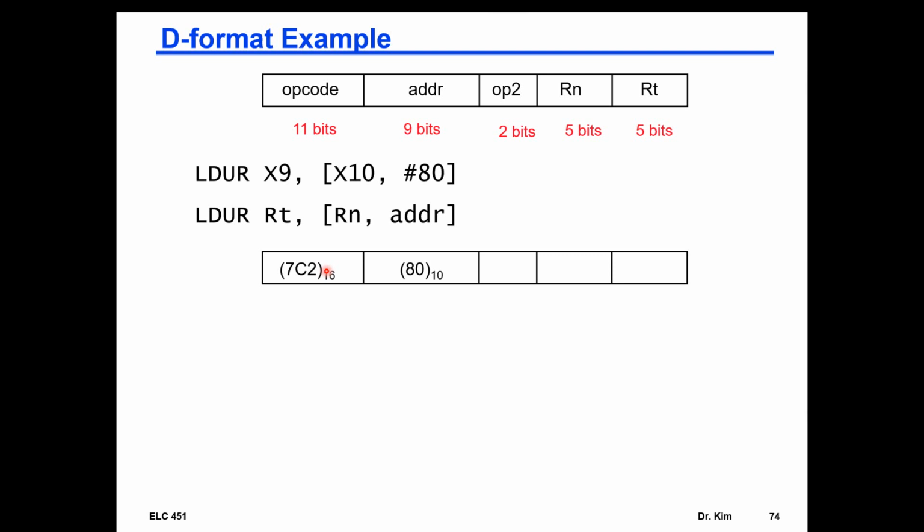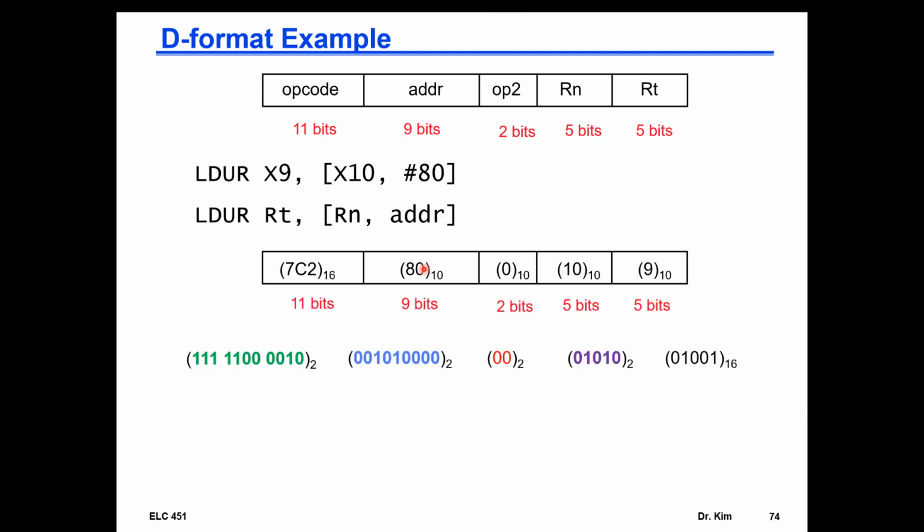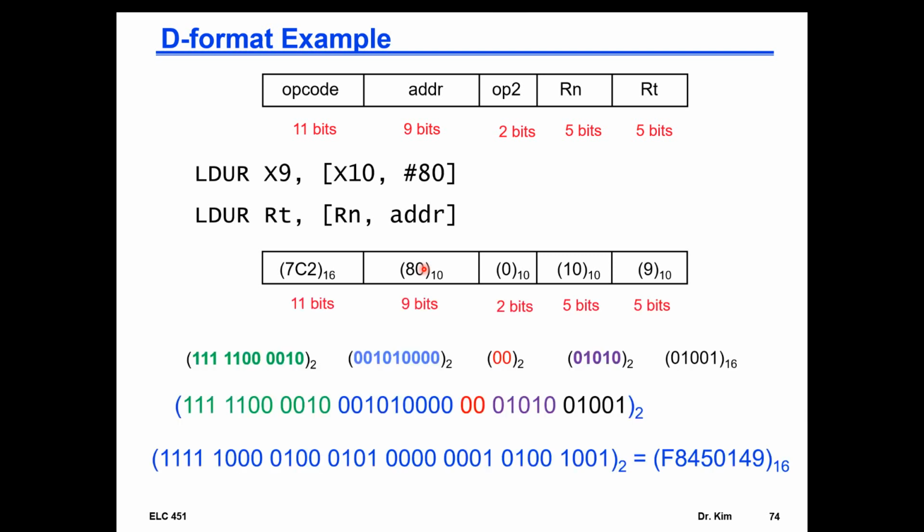That's the immediate address field, 80. No secondary operation. This would be Rn, which is 10, and then Rt, which is 9. And we would end up with this hex pattern.